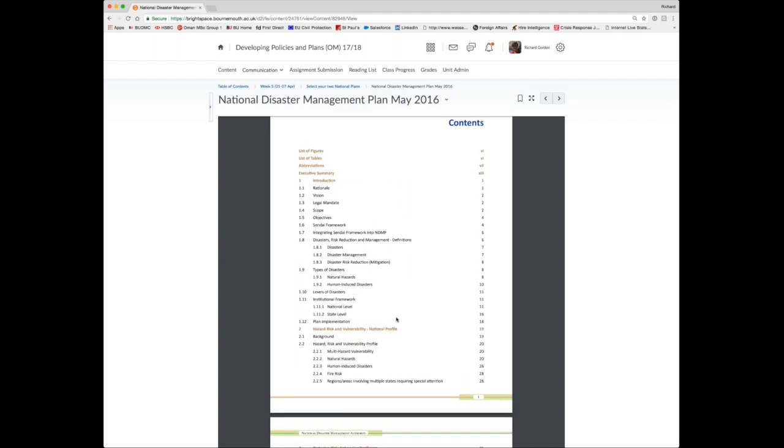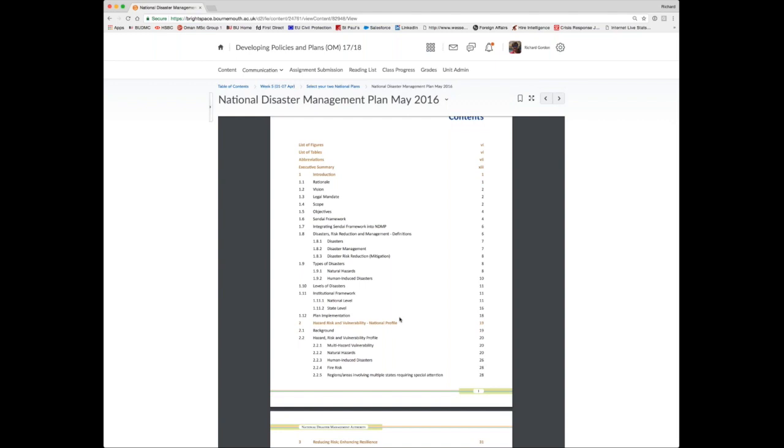This is a May 2016 plan, and it illustrates some of the points we've just been talking about: in this Indian plan, the vast majority from sections 1.7 through to 2, some 13 pages, is about locating it in relation to the Sendai framework and the international norms within that.